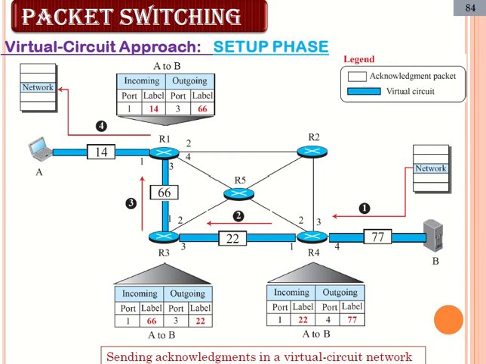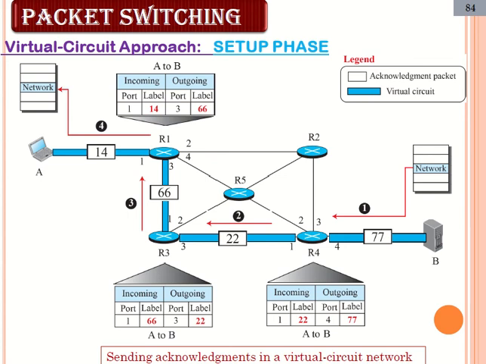So it has entered 66 here, and then it will forward it to the source A. When R1 sends the acknowledgement to source A, it contains its incoming label in the table chosen in the setup phase. The source uses this as an outgoing label for the data packet to be sent to the final destination.